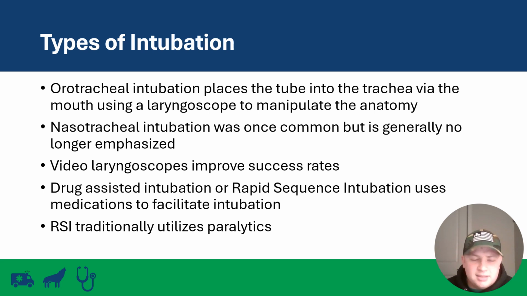Arguably, it is less safe and doesn't work as well. But hopefully we can get legislature to change some things and be able to do it safely. Just know RSI traditionally uses paralytics and sedatives, and drug-assisted or sedation-assisted intubation just uses sedatives.